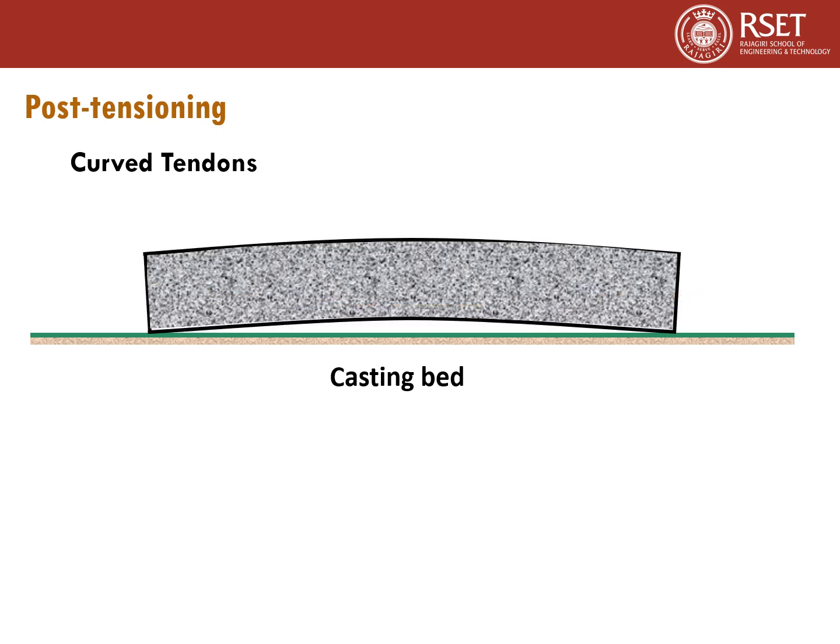And now in this case, because of the curved profile of the cable, the beam hogs. So there will be some hogging moments induced in the member apart from compression alone.